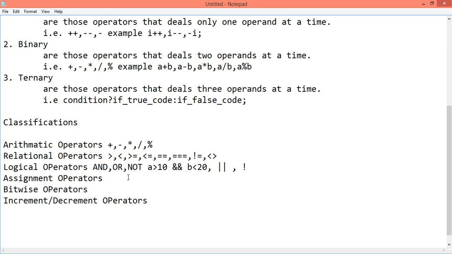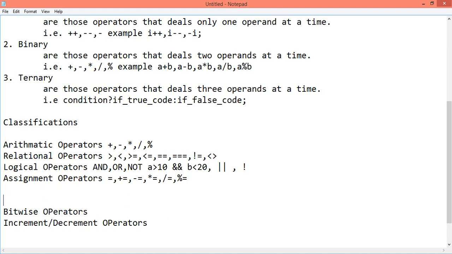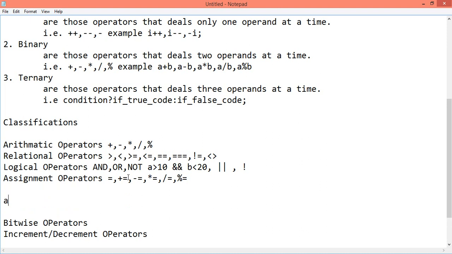And then we have assignment operators. Assignment is simply equals to. With the help of the equals to operator, you assign values to a variable. And similarly, you have plus equals to, minus equals to, multiply equals to, divide equals to, and modulus equals to. So what does this mean? If I write in PHP, $a is equals to $a plus 1.